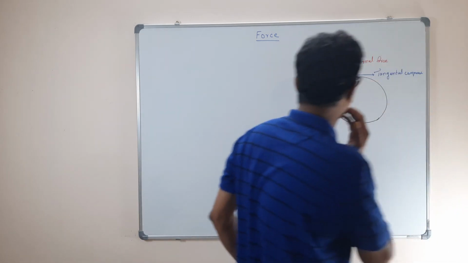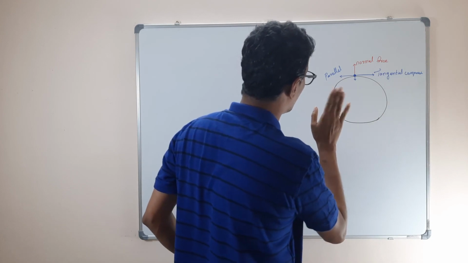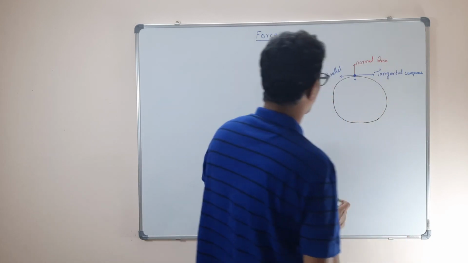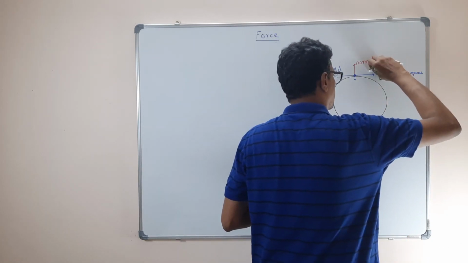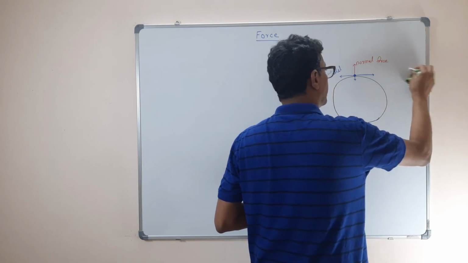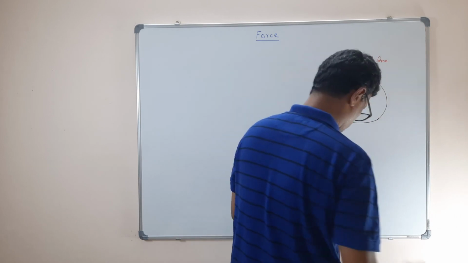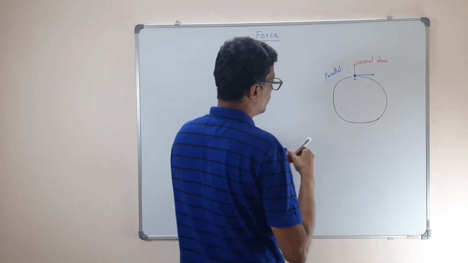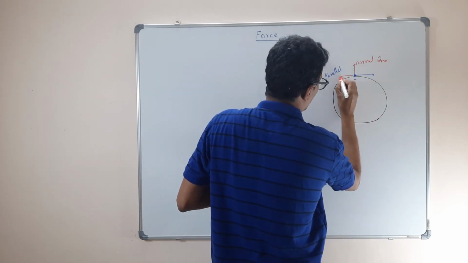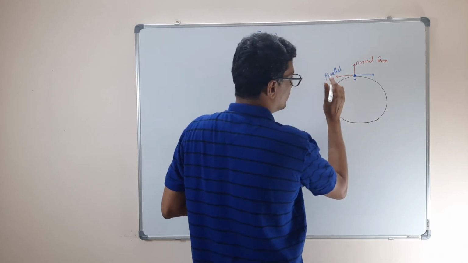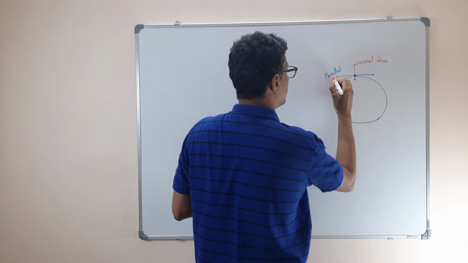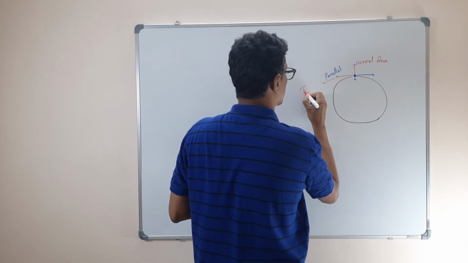Actually, I should have drawn it like this. Let me put the colors. If you are pulling here, you have a frictional force giving an opposite component, right? This is what you call your parallel or tangential component.